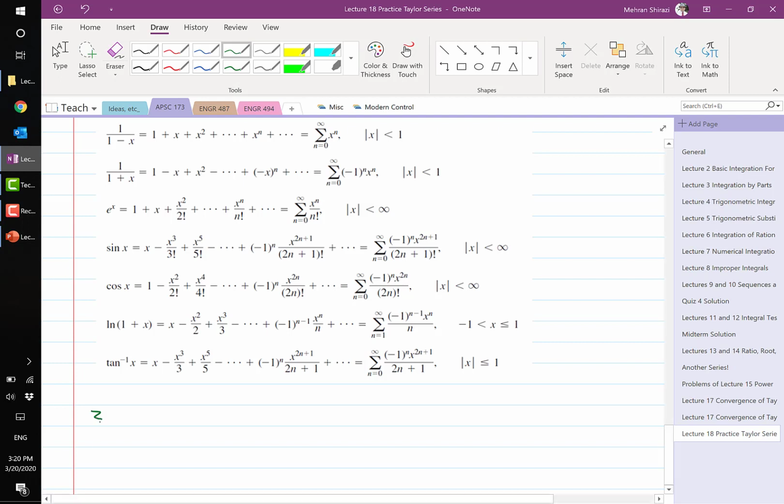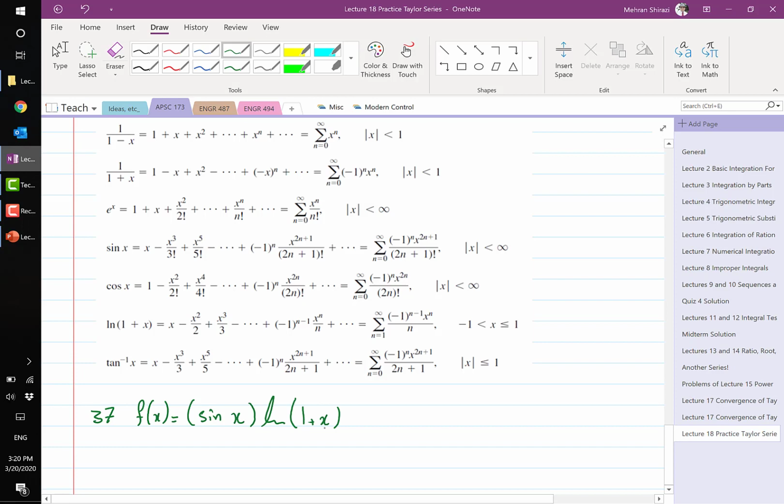Question 37 has some functions from the above table. It's f of x equals sine of x times ln of 1 plus x.